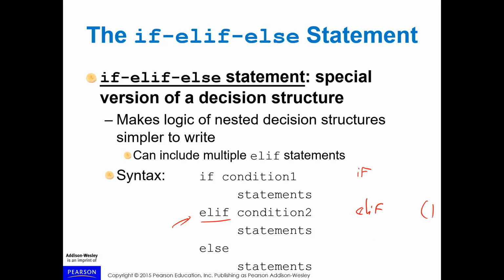It makes the logic of a nested decision structure simpler to write, because it's 4 letters, so it's less wordy. A lot of the time, that's what you want in programming. When you have a lot of code, you want it to look clean, structured, and organized. It's easier to read, and it just makes it better overall.